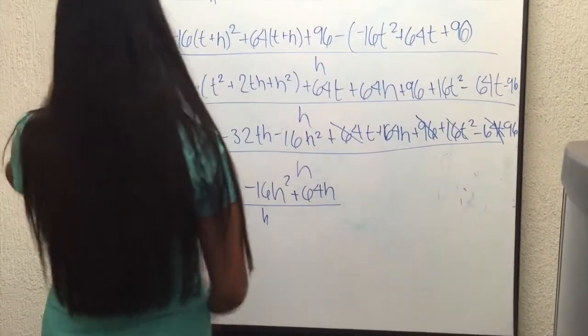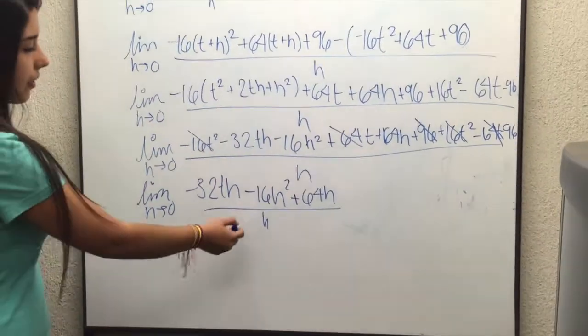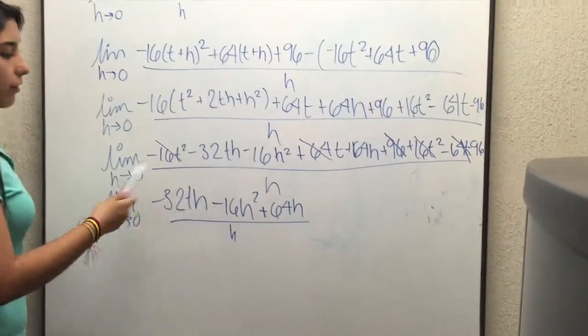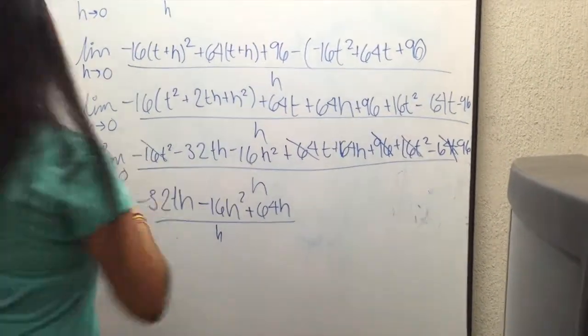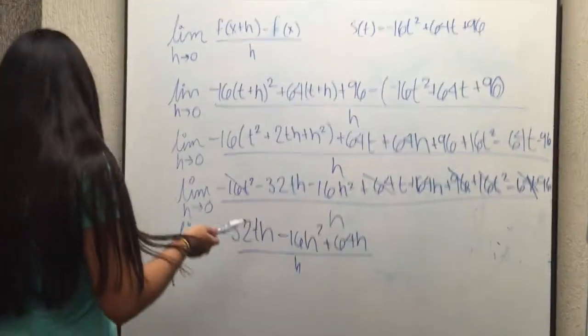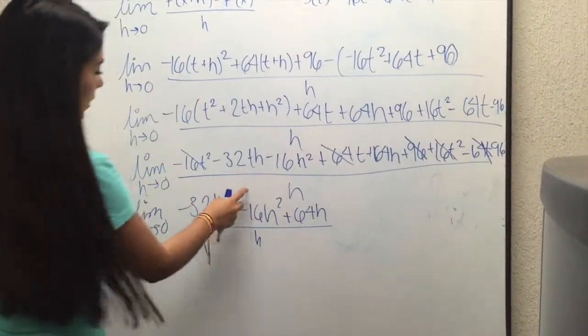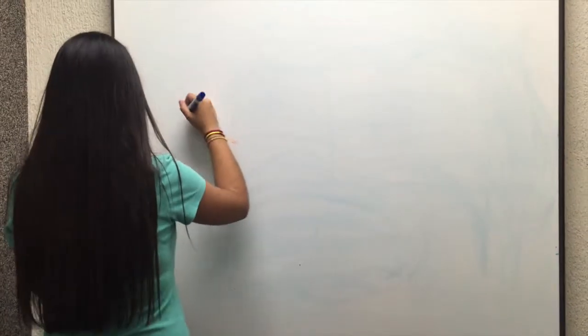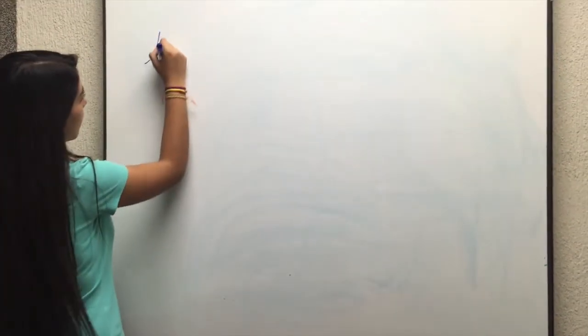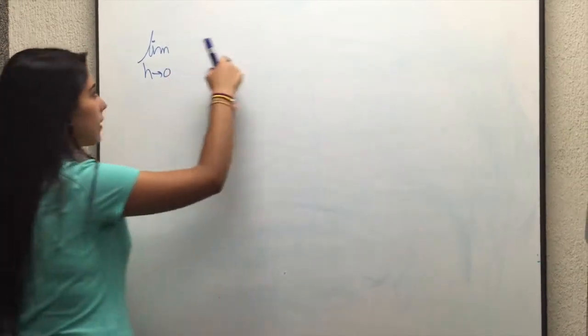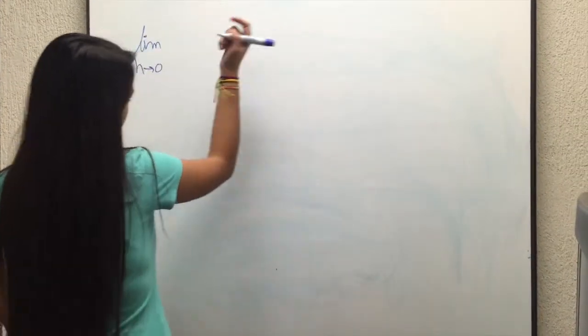And we need to eliminate the h, because if we leave it there, we're going to have 0, and that's what we don't want. So we're going to factorize this. Then we put again the limit as h approaches 0, and we have it without the h's.